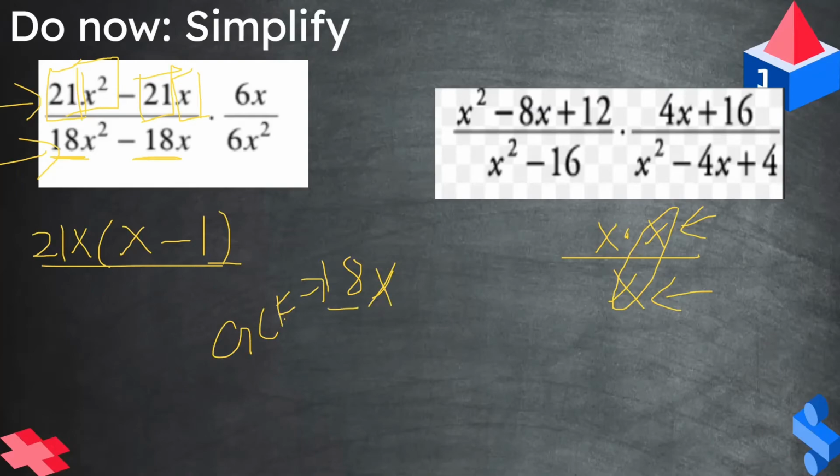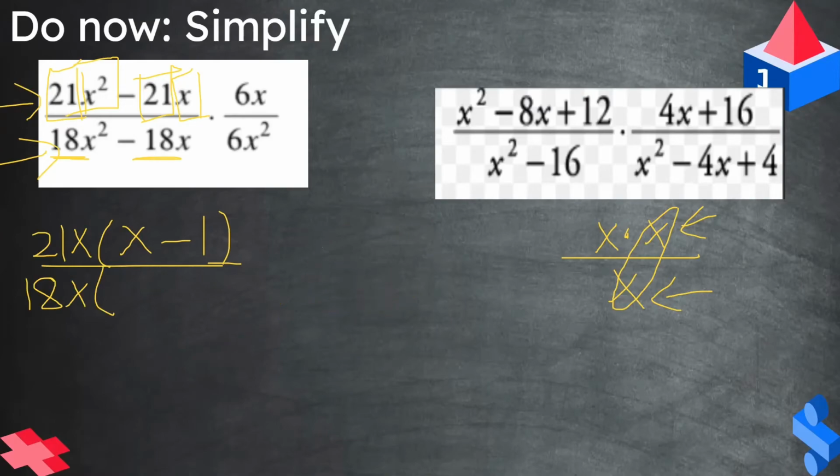Okay, so I have 18 here. And then I see x squared and x. If you have x squared and x, you pick the variable with the lowest exponent, which is x, and you get 18x. So I write it here as my GCF. Now I divide each of the terms using the GCF.